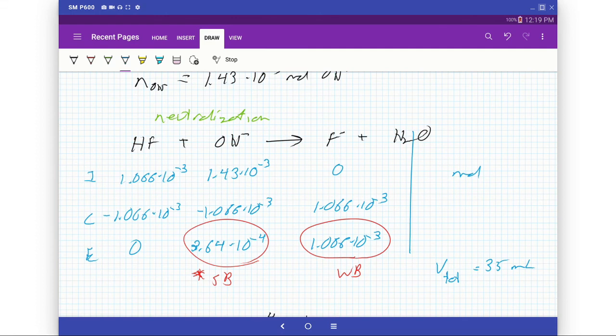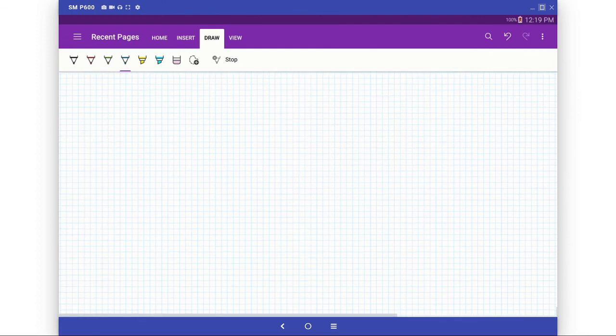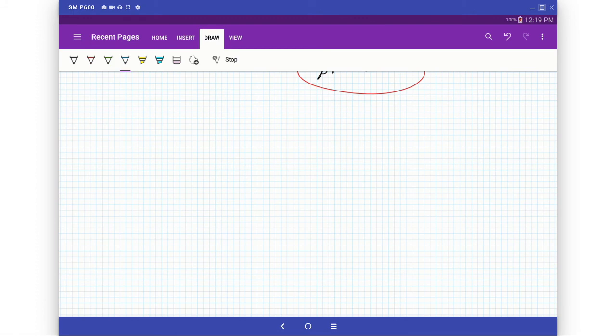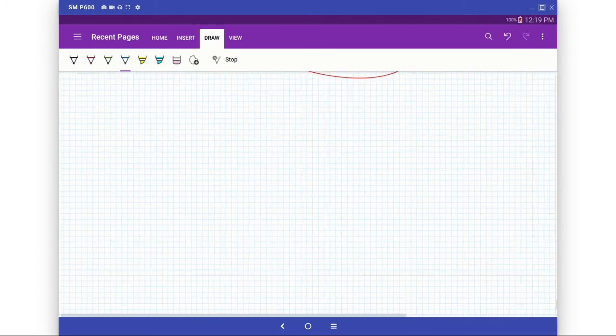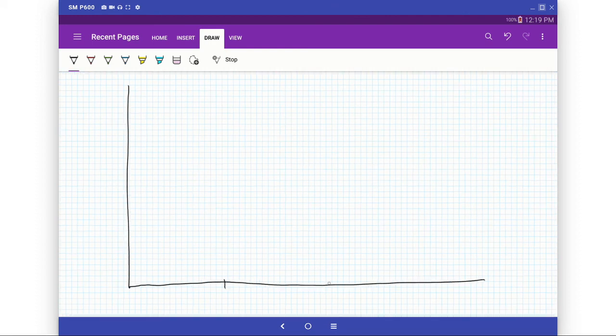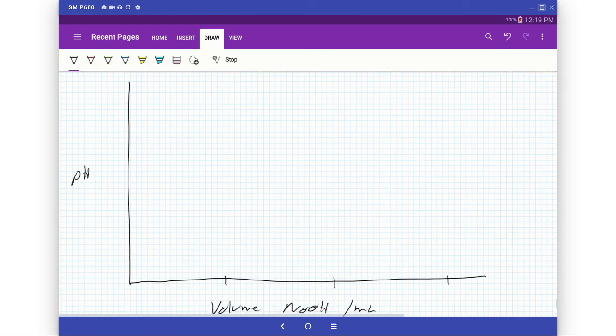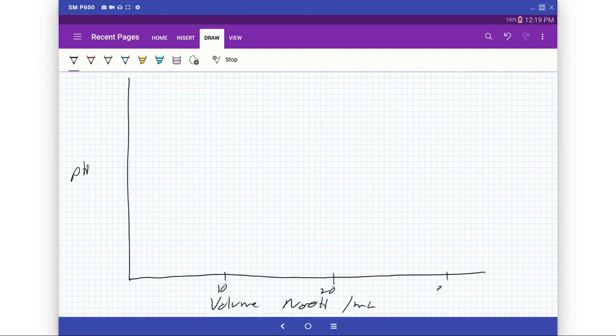I know I'm running short on time, so I just want to quickly graph this. I think that's about right.